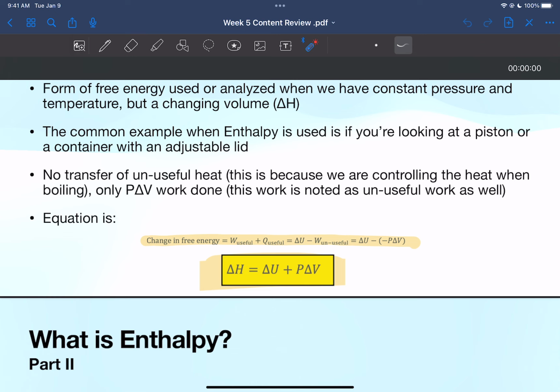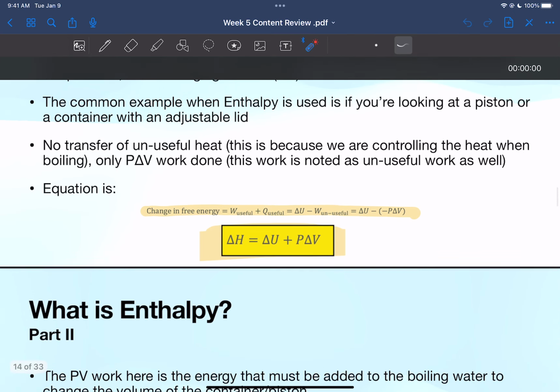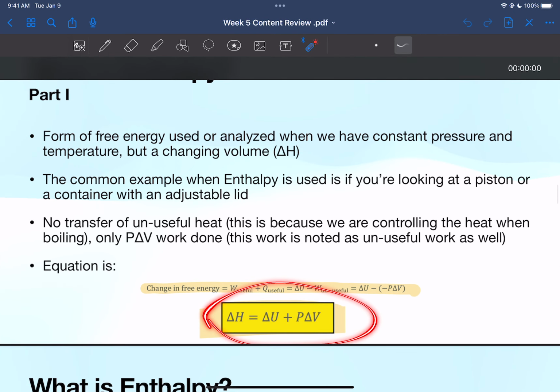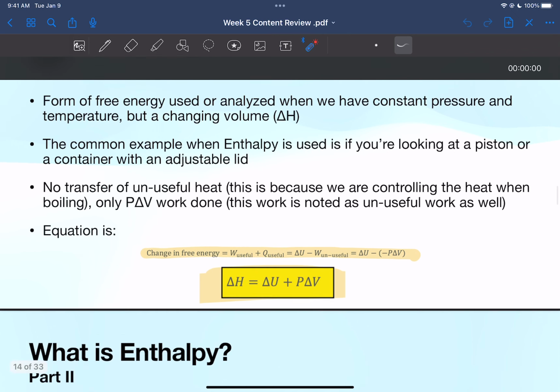So I'm using the readings as well to derive my knowledge. I'm not perfect, but I'll try my best. But like I said, if you know this equation, you know how to manipulate it, all that stuff, you should be solid.